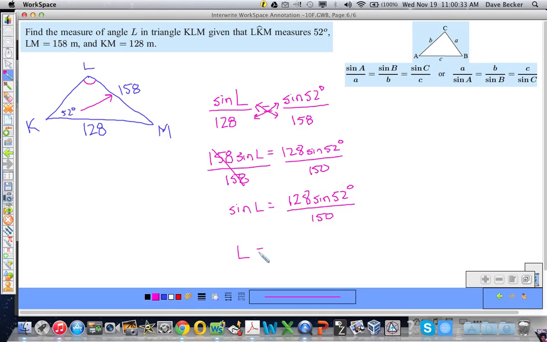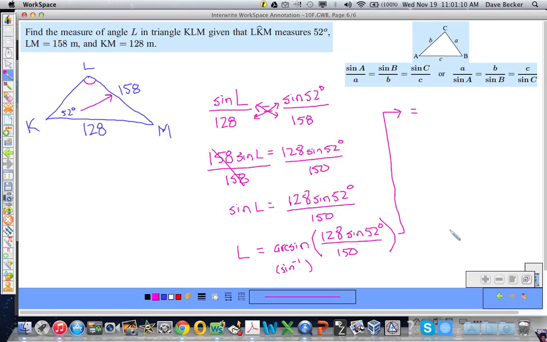So L is equal to the arc sine, which by the way is the same as sine to the negative 1, of all of this, 128 multiplied by the sine of 52 degrees over 158. Okay, and we'll see what that equals. I'm just going to draw a little arrow here, which is equal to, and we'll round to the nearest tenth here. Let's go to Desmos.